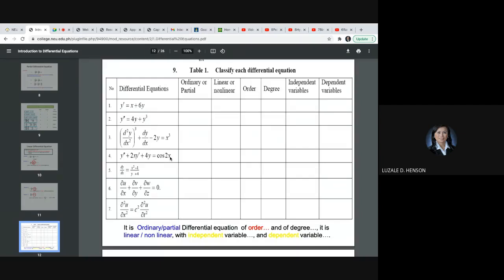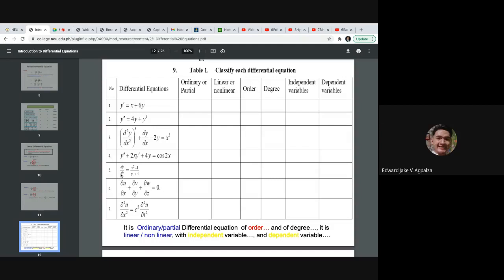So you look at what variable is involved in this trigonometric function. Therefore, this is linear, class. This is still linear. If it were cosine 2y, then it becomes nonlinear. But this involves an x variable, so it's still linear.